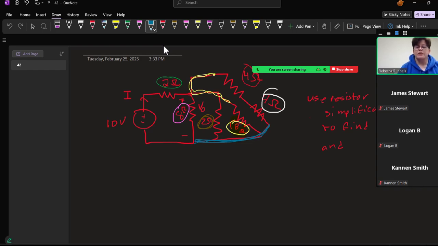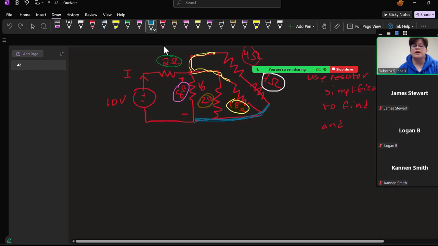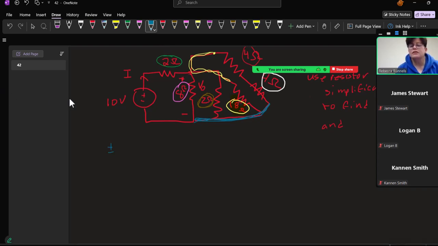Okay, so that means that this is the same as, that's 10 volts, 2 ohms. And we'll just draw it a little nicer now.